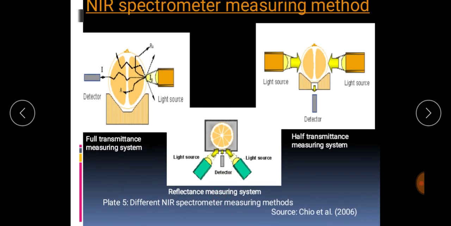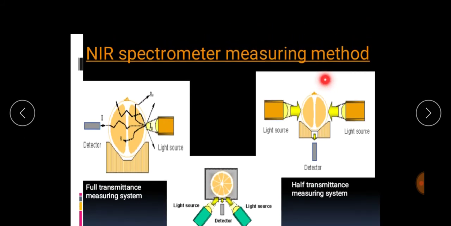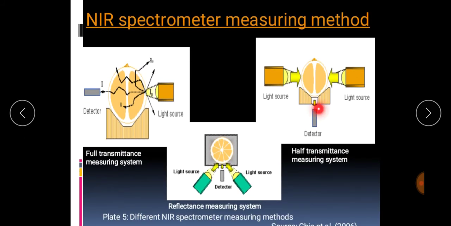And next is the transmittance measuring system. Same here, the light source is there, the food material is here, and a detector is present here, and by that the transmittance is measured.